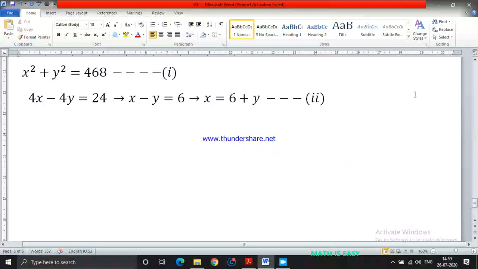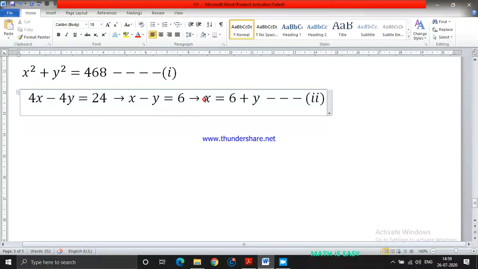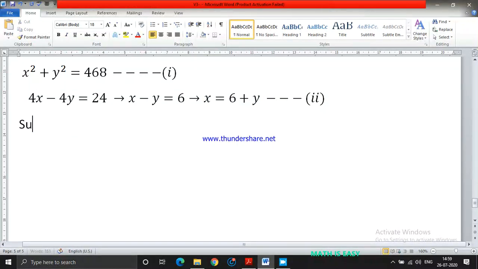Now substitute this value, x equals 6 plus y, in equation 1. So if I substitute, what do you get?